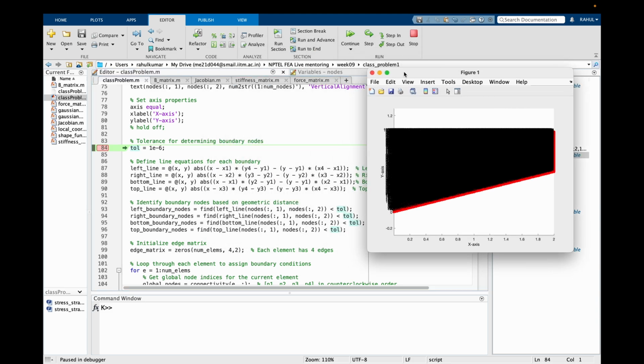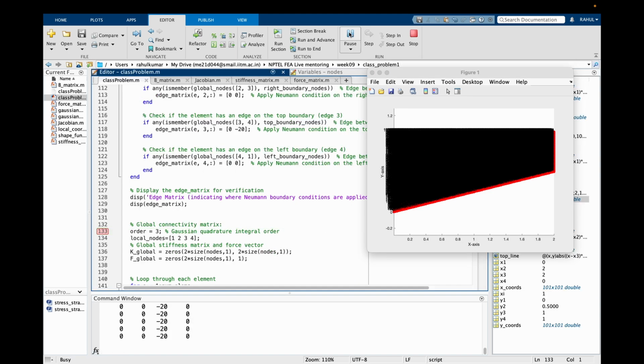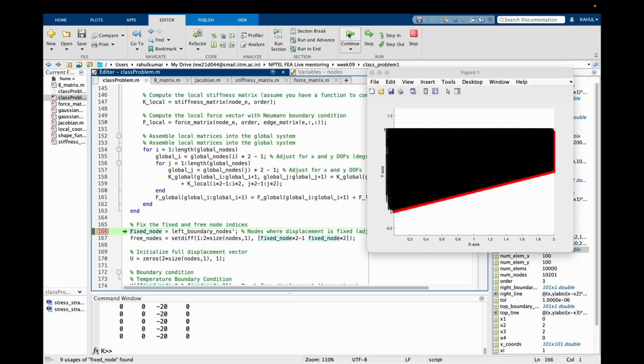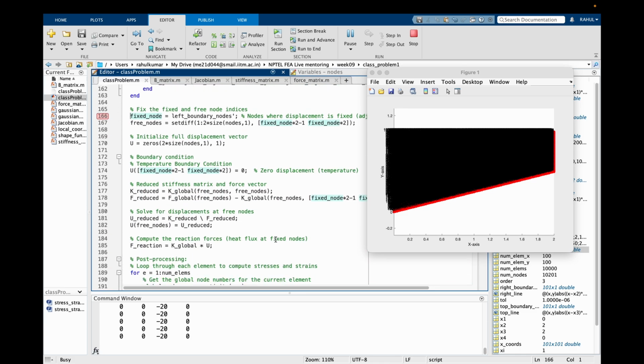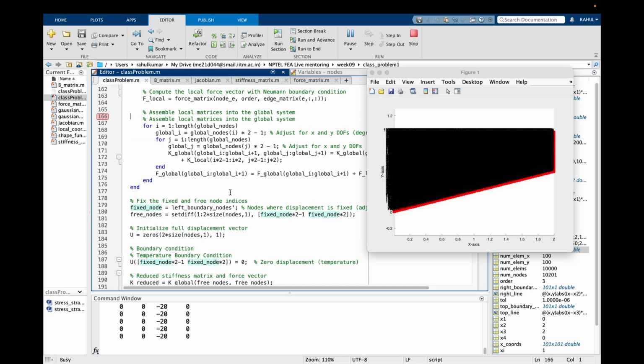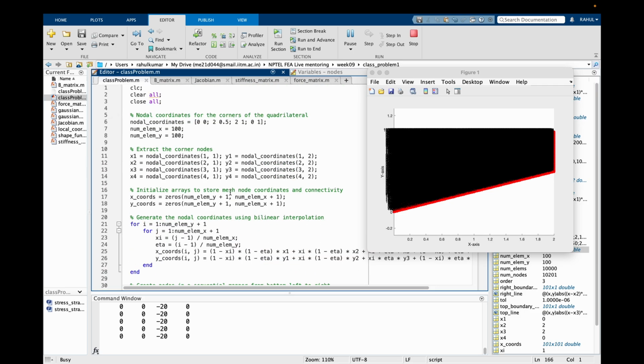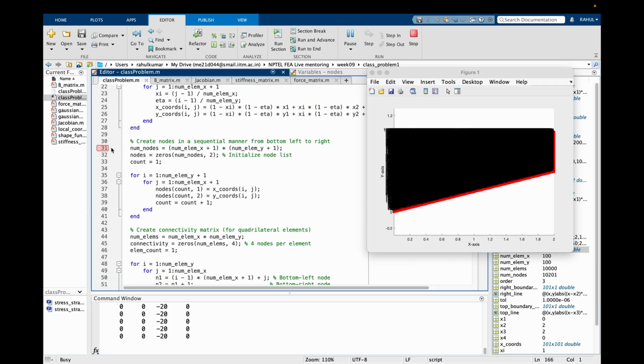Okay, I think it's too much. The part is doing so much calculation.